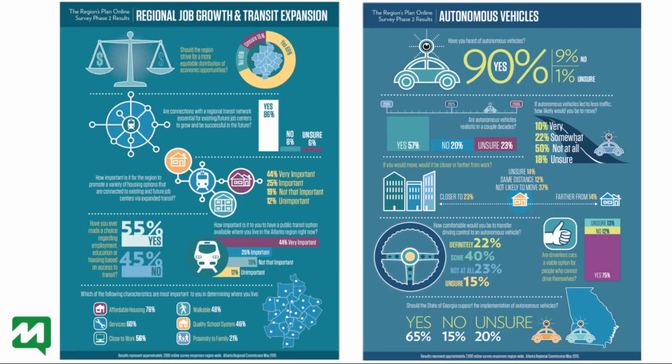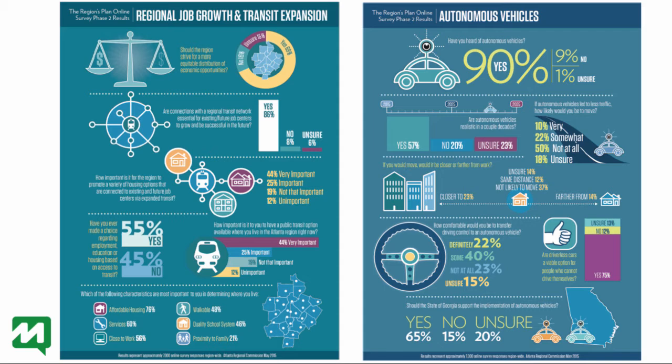The last point I'll make here is the need to understand that the engagement process doesn't end when you stop wanting information from the community. It ends when you communicate back to the people who have participated, here's what we heard, and here's how it affected the outcome, because that really reinforces the value of engagement for people.